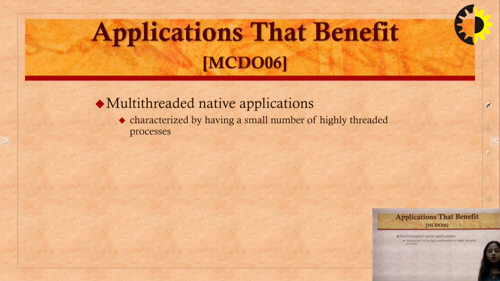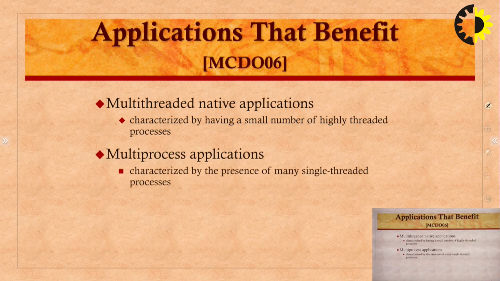Now these are the applications that benefit. Multithreaded native applications are characterized by having a small number of highly threaded processes. There are two kinds of applications.